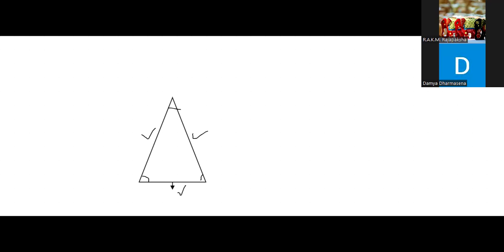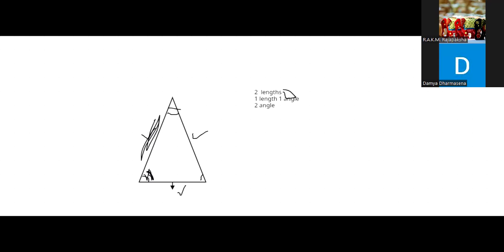What I am saying here is that you should at least have two data to find out anything using the trigonometry, right? Either it is two lengths, or it may be one length, let's say this length and this angle, like the question we have already done, or otherwise only two angles, right?